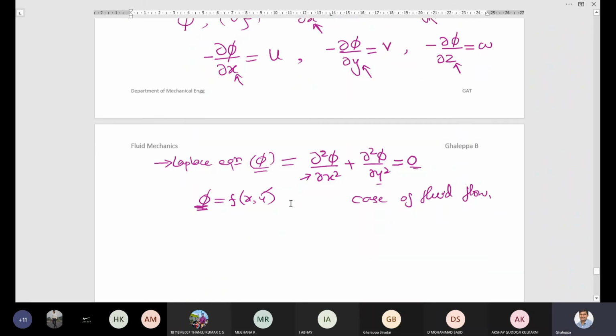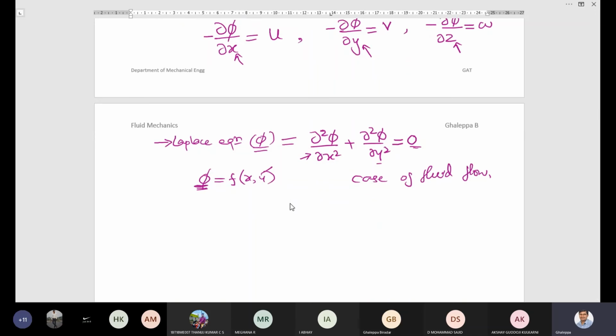Okay. Similarly, the Laplace equation for stream function psi is dou square psi divided by dou x square plus dou square psi divided by dou y square is equal to 0.